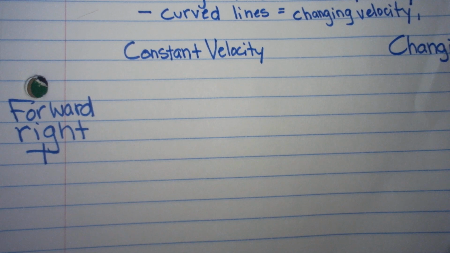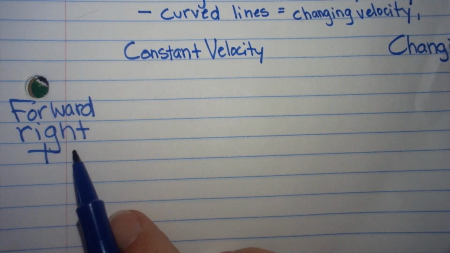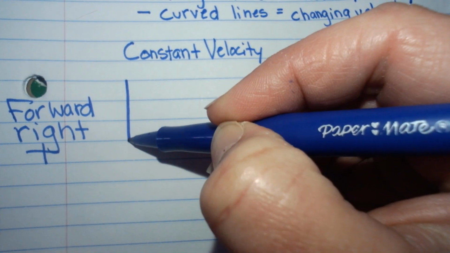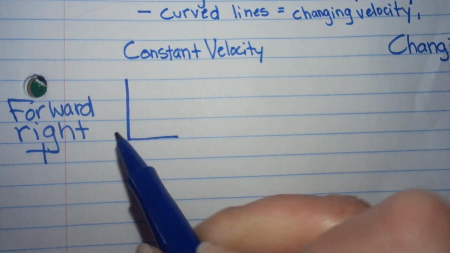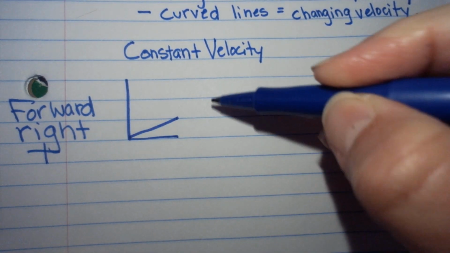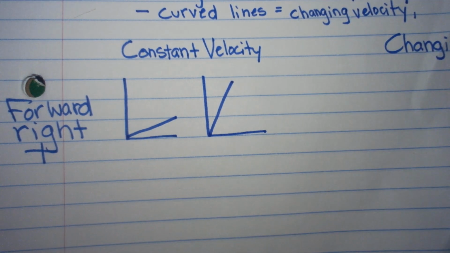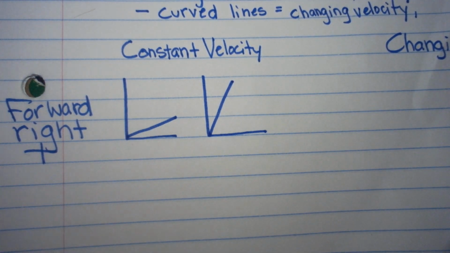All right. So if I am moving forward or to the right with constant velocity, my graph might be looking like this, or it might be looking like this. What can we say about those two?